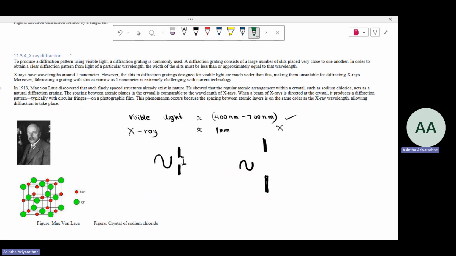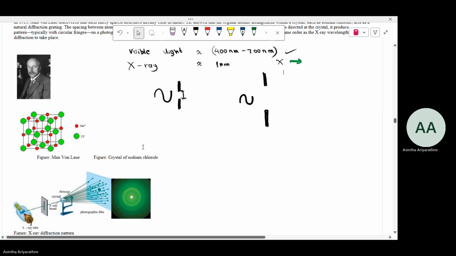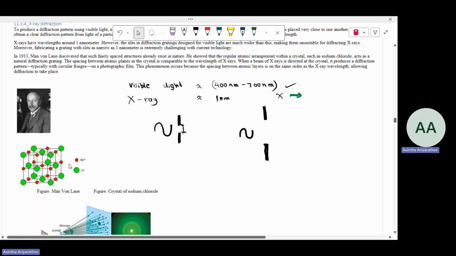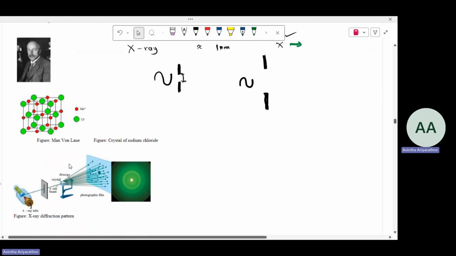So naturally, they could be used. He was able to find that, with an experiment like this, there are natural materials which could diffract X-rays. That was his finding.